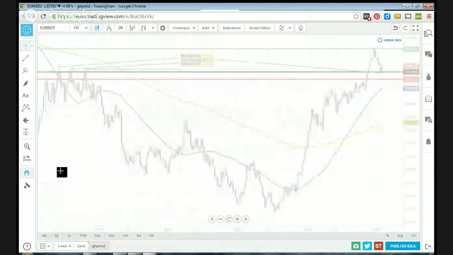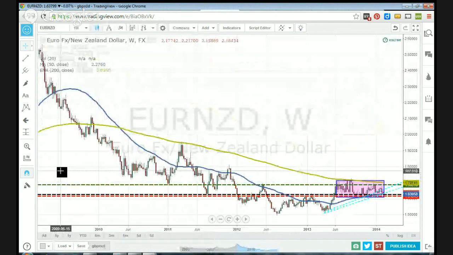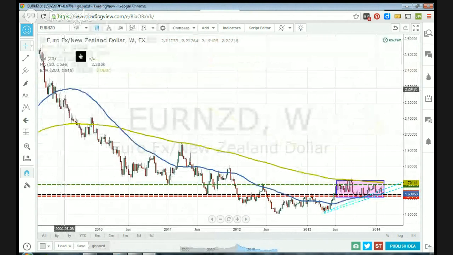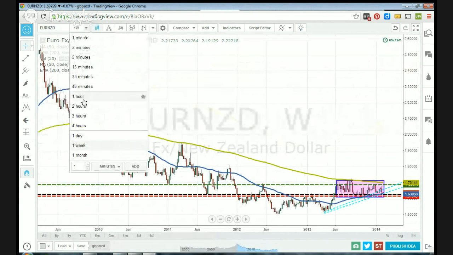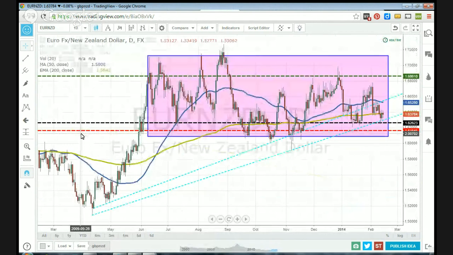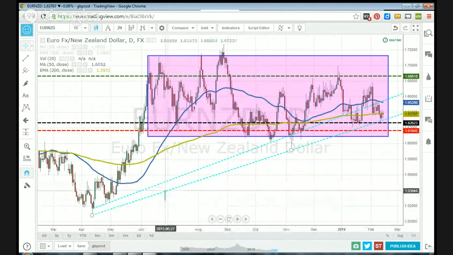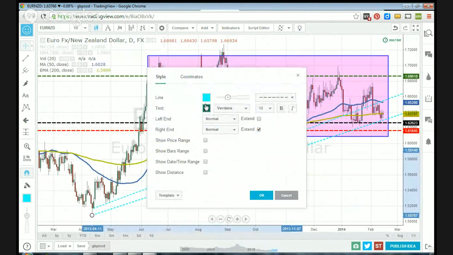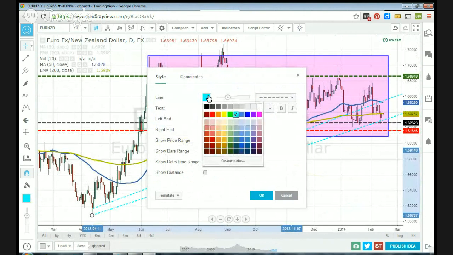Euro Kiwi, yeah, still in that range. Okay, let's go to the daily chart here. This is kind of interesting. We are at this trend line. I don't know why I chose such an ugly color for it. Let me change that. Let's see what would be a clear color.